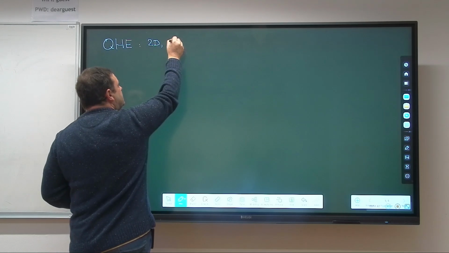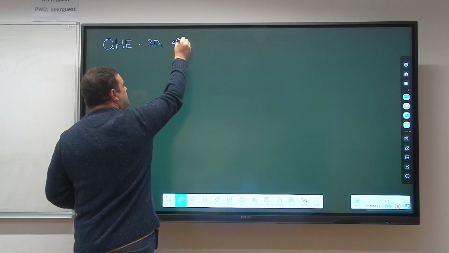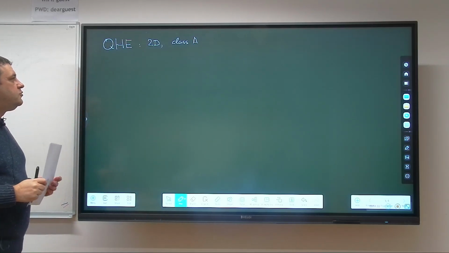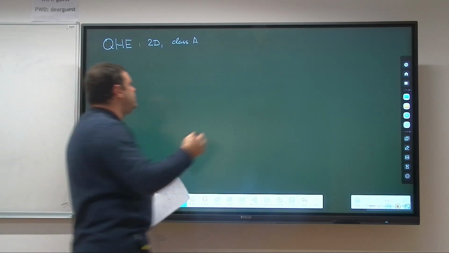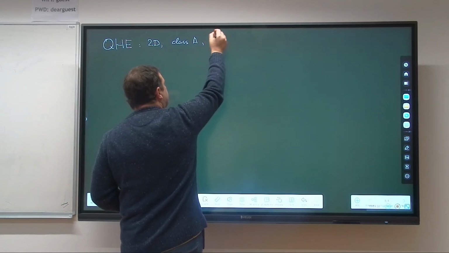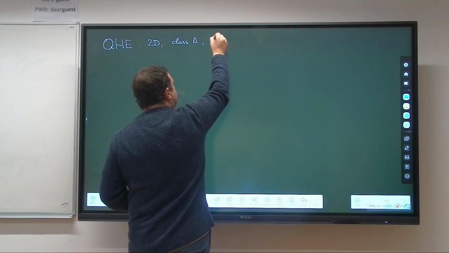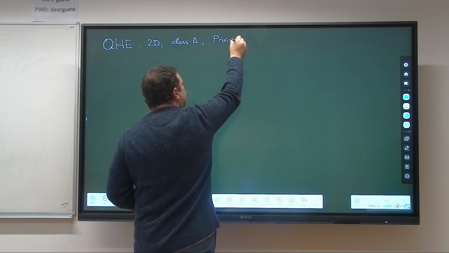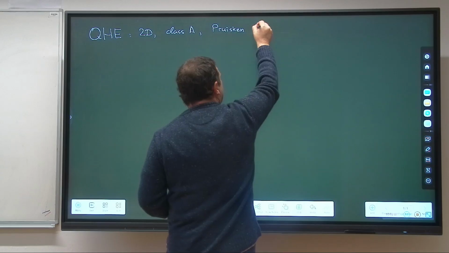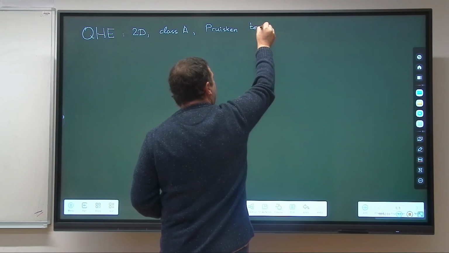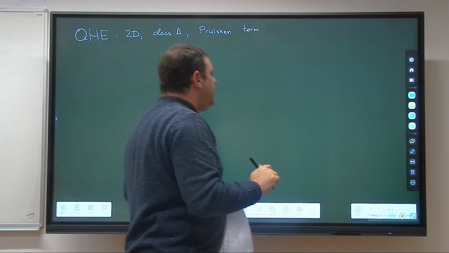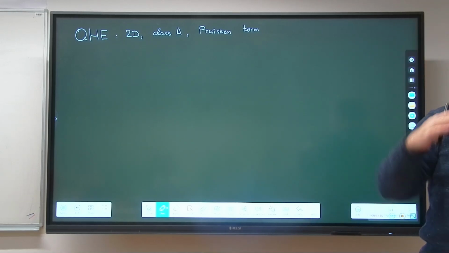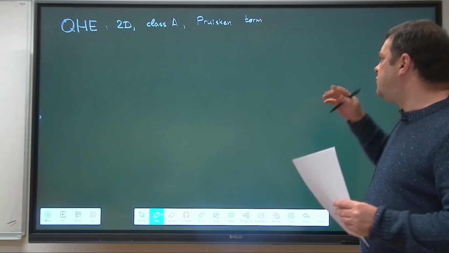It's a unitary symmetry class, no symmetries, class A. And we found that to describe this system, we need to add a Pruskin term to the sigma model, which takes any integer values depending on how many Landau levels are filled.